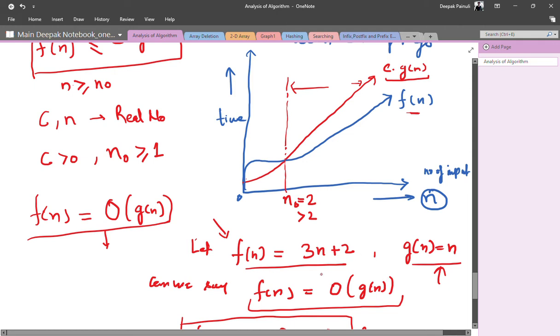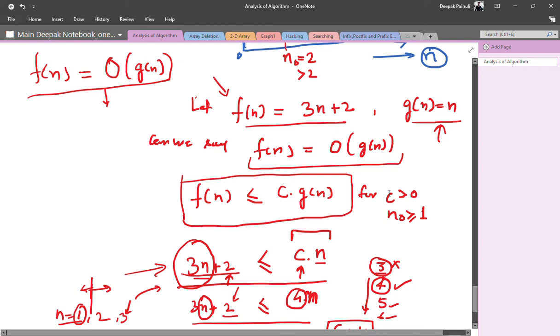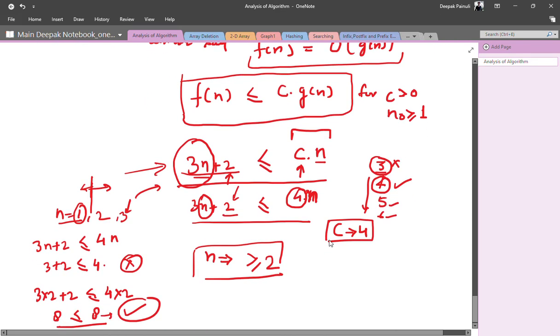Right guys? Even if, let's say in this case, you assumed fn, gn as n, if you replace gn by its square, it will also hold true. That means at least for values of n greater than 2, it will remain satisfied, right?